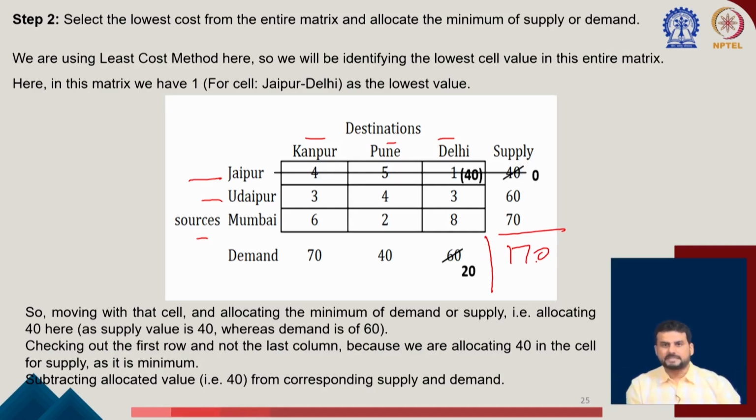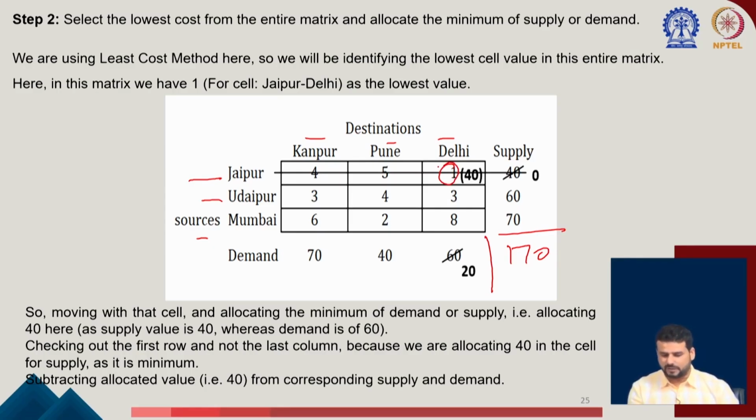Now the algorithm says we need to find the minimum cost cell, and we will allocate the maximum units we can, and those units are restricted by either the supply or the demand. Whichever is the minimum value, either supply or demand, we simply assign that many units. So now the minimum cost cell is this one, 1 rupee per unit cost.